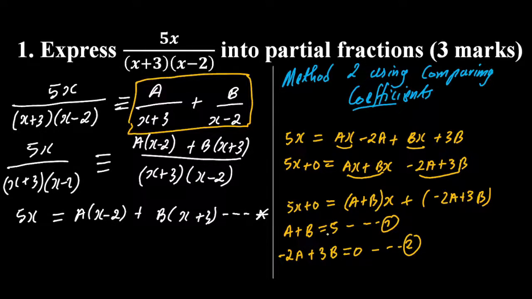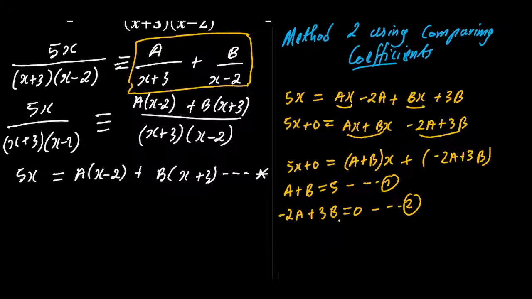These are simultaneous equations, and we know the various methods we can use in solving them. We can use substitution: we either make one of the variables the subject in equation 1 and substitute in equation 2, or vice versa, or we simply go by elimination. I would prefer elimination in this case.